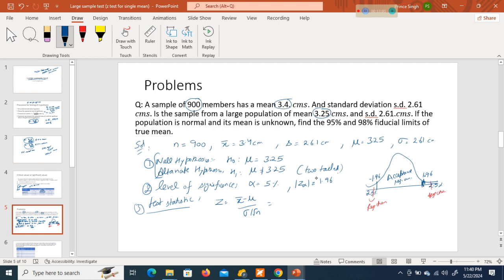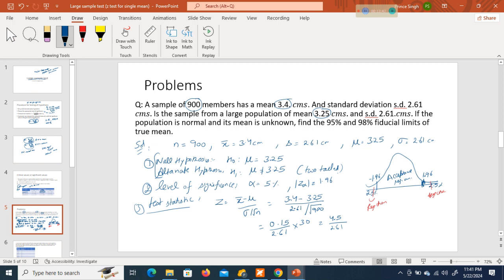So x bar is given here as 3.4, mu is 3.25, sigma is 2.61, and n is given here, square root of 900. If I solve this part, its value is 0.15 upon 2.61 multiplied by square root of 900, which is 30. So if we calculate this, its value is 4.5 divided by 2.61.